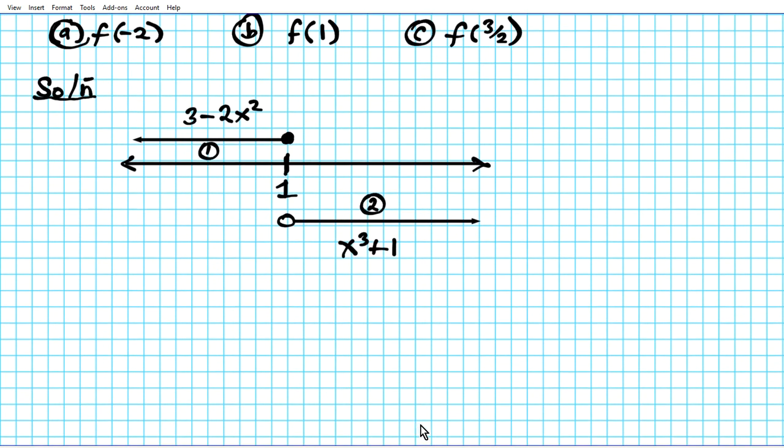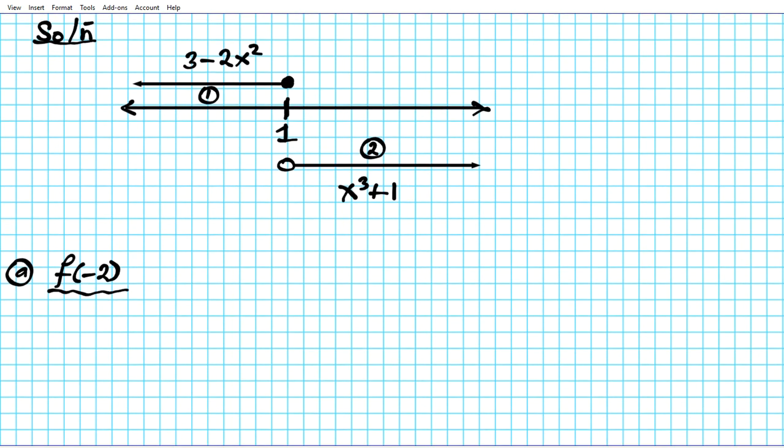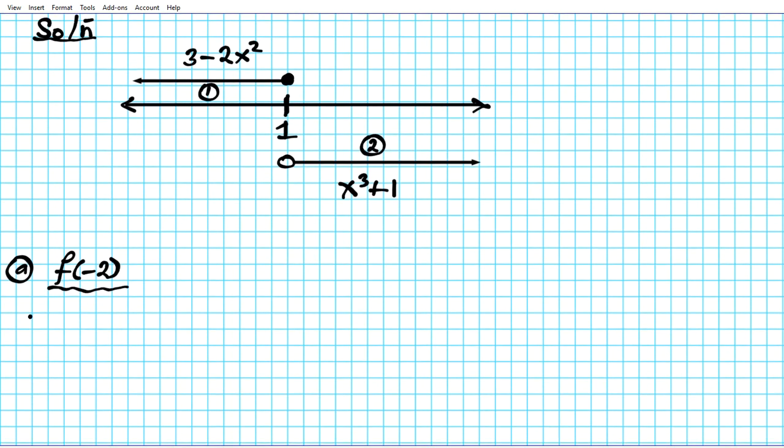For part A, we want to evaluate the function at negative 2. Now, since x equals negative 2, what interval are we in? X equals negative 2 is somewhere here.